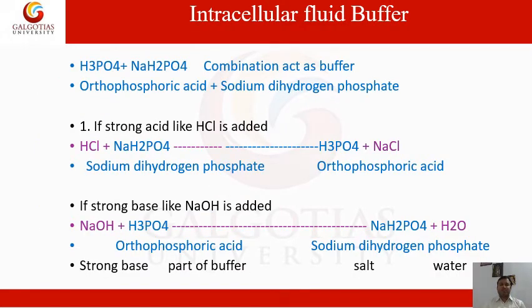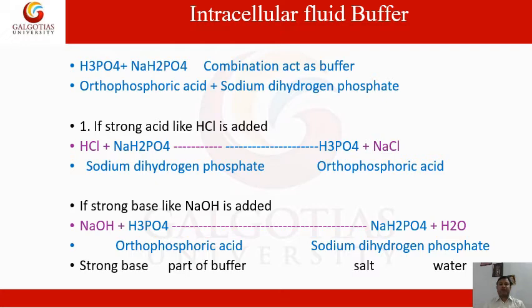Next, the intracellular buffer. The intracellular buffer is a phosphate buffer, orthophosphoric acid H3PO4 plus sodium dihydrogen phosphate. The combination of this orthophosphoric acid and sodium dihydrogen phosphate acts as the intracellular buffer. So what will happen when hydrochloric acid is added?